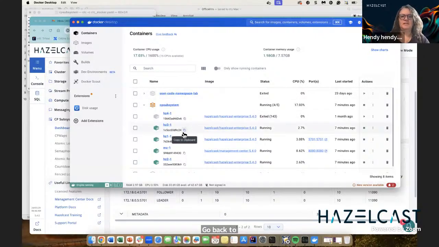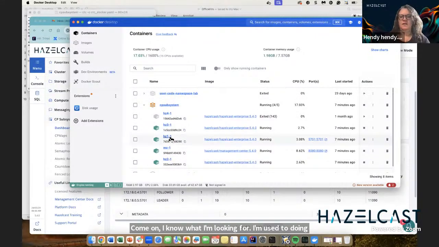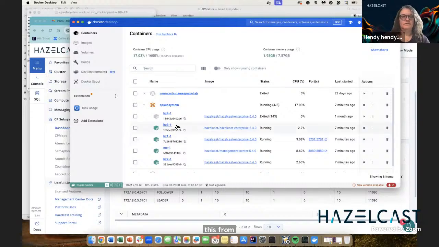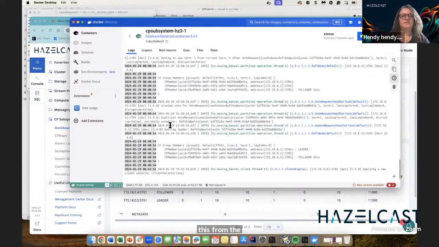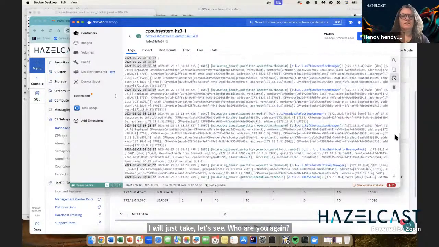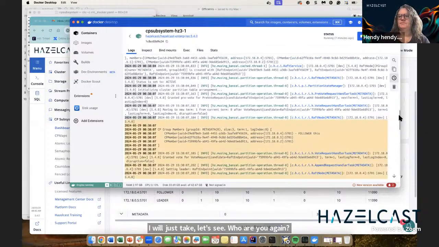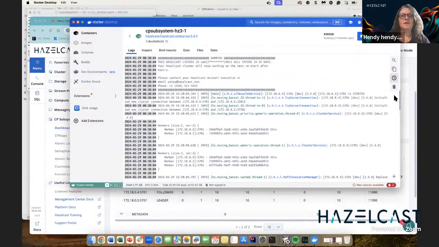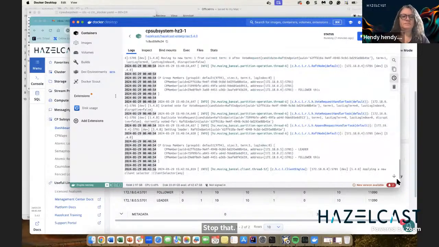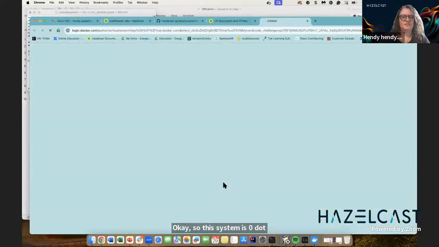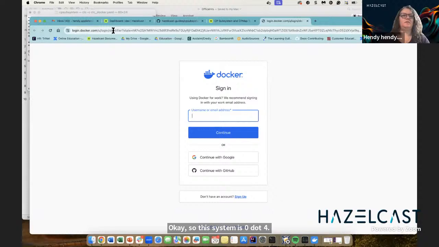I'm used to doing this from the command line. We'll just take, let's see. Who are you again? Okay, so this system is 0.4. Let's just take out 0.